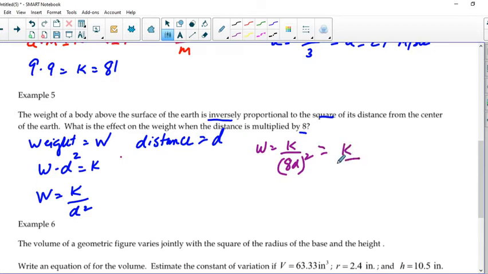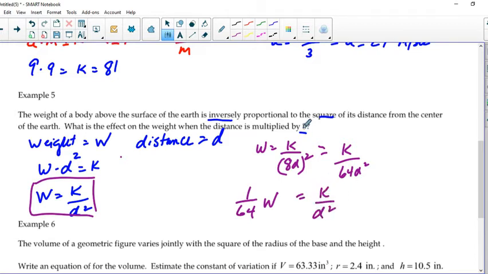So K becomes K over 64 distance squared. If you want to go back to the original, because we want it to look like this at the end, I'm going to multiply through by 1/64. So I'm going to get 1/64 W equals K over D squared.